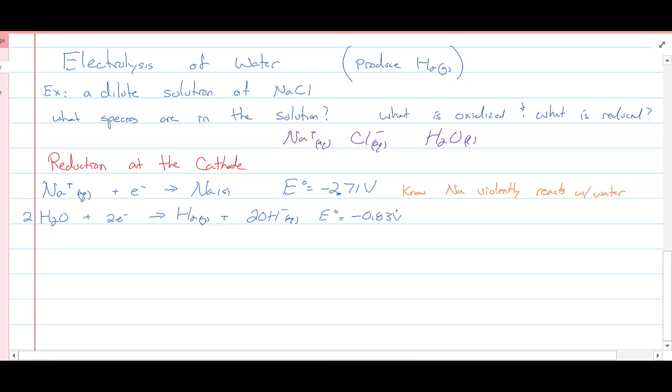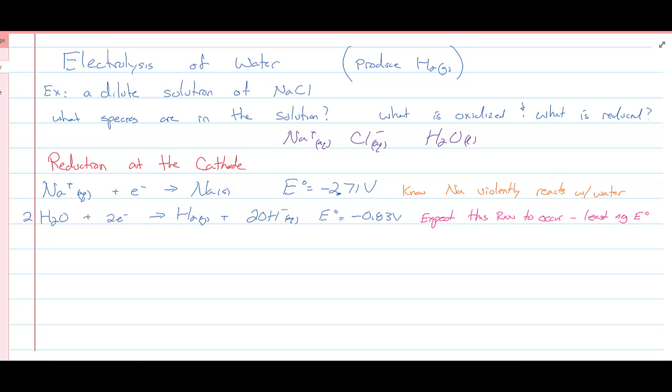And so we'll expect this to happen because it's the least negative E standard.